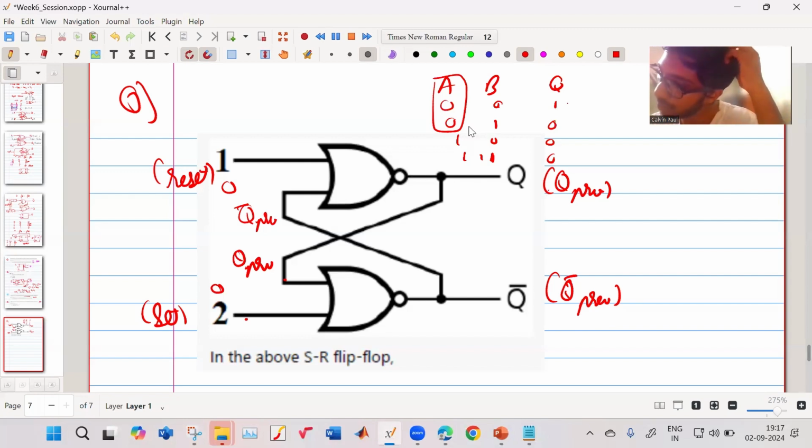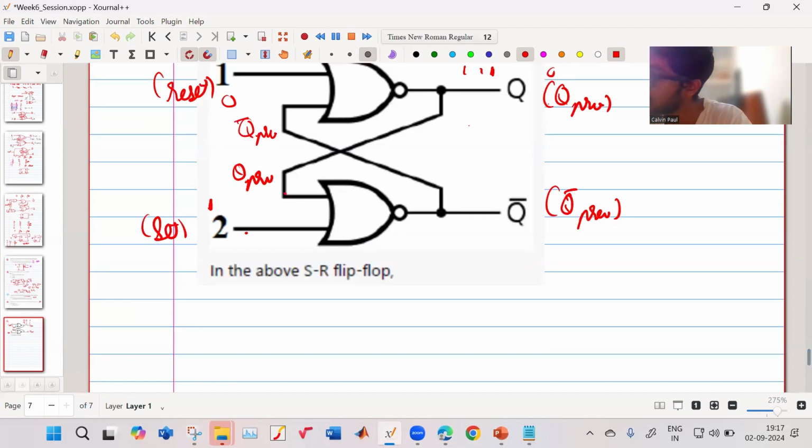Now, let me make set as 1. And this is Q previous. So this is a NOR gate. In the NOR gate, let us say this is input 2 and this is 2 prime, and output is Q bar. Here input 2 is 1. This is 0 or it could be 1.